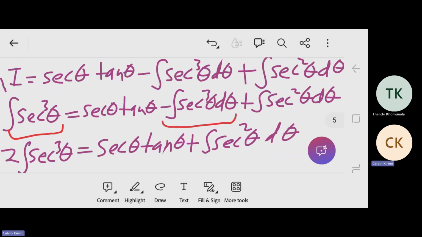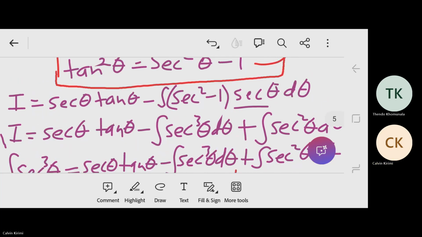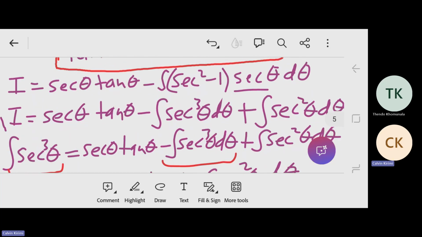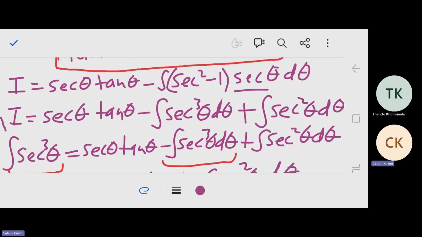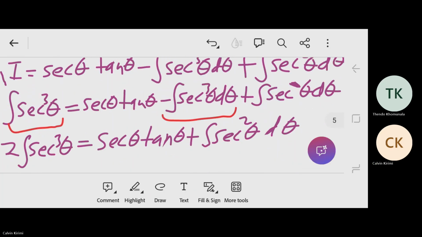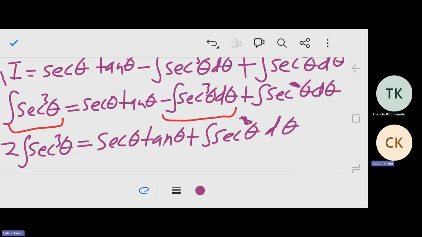This one was not having secant squared. It is secant theta. Not having secant squared, it's secant theta. So let's remove that secant theta. Instead, secant theta.